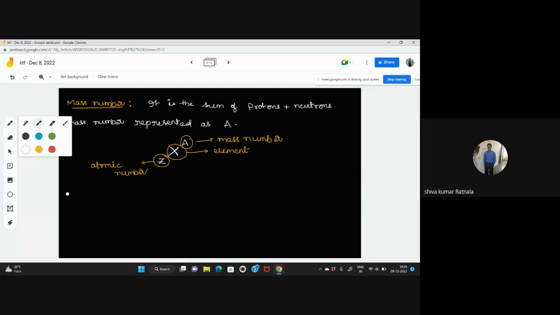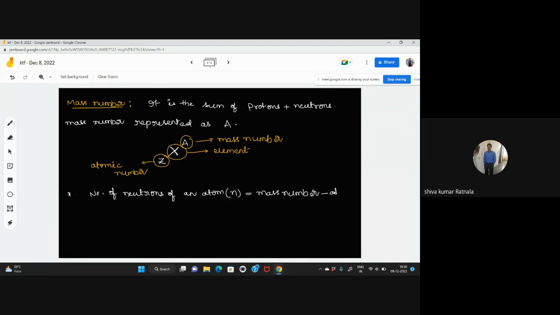And generally, the number of neutrons of an atom is equal to mass number minus atomic number.